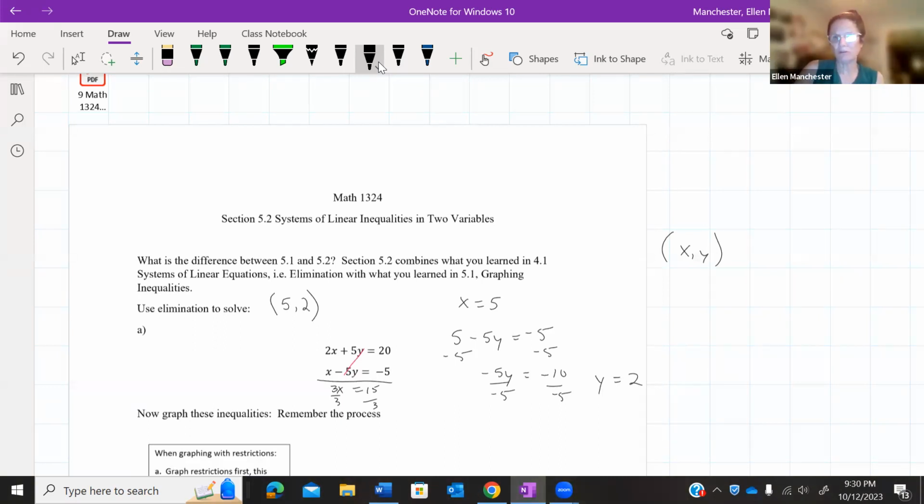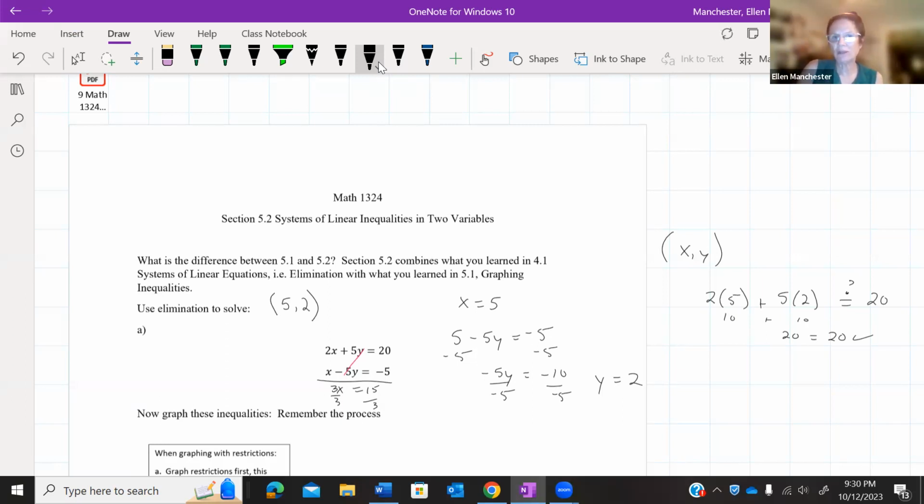So let me prove it to you. If I plug those values into each equation, what I'm asking is, is this side equal to this side? Is the 2 times 5 plus 5 times 2 equal to 20? Well, you can see they're both 10. So 10 plus 10 is 20. So the point 5, 2 does satisfy that first equation.